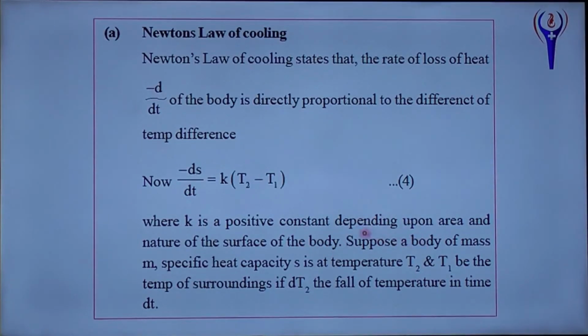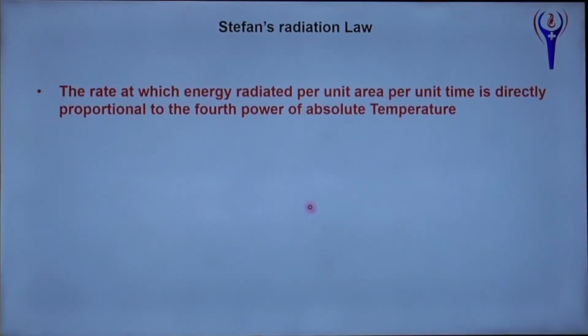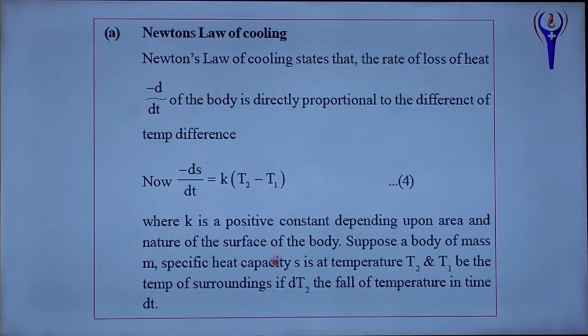Suppose a body of mass m, specific heat capacity S, is at temperature T2 and T1 is the temperature of the surroundings. We will work out some problems. Using dQ by dt in terms of fixed values, you can determine the k value.